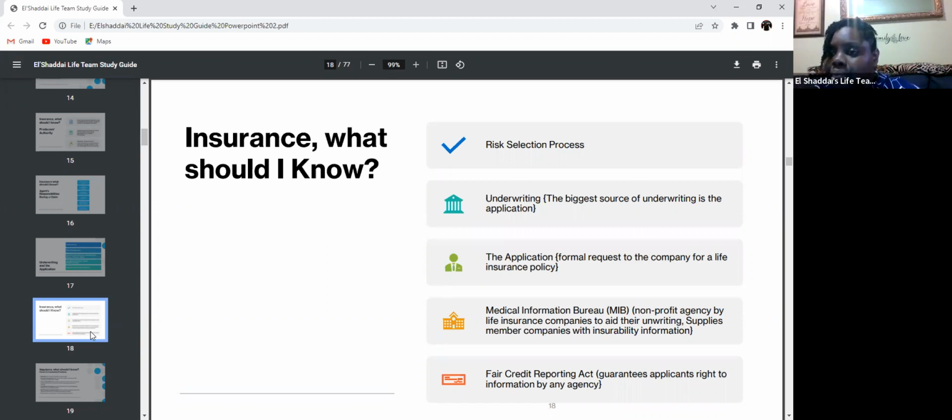Underwriting. In order to get insurance, you have to go through underwriting. The biggest source of underwriting is the application itself. When you hear the word underwriting, it's referring to the application and everything concerning this person's personal life. Okay. The application.